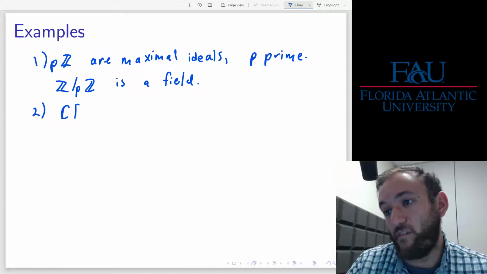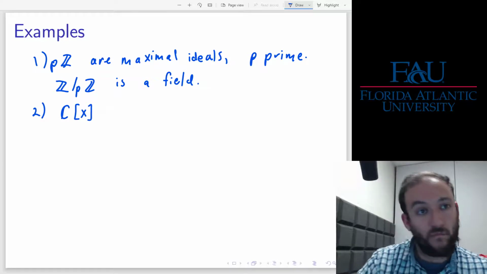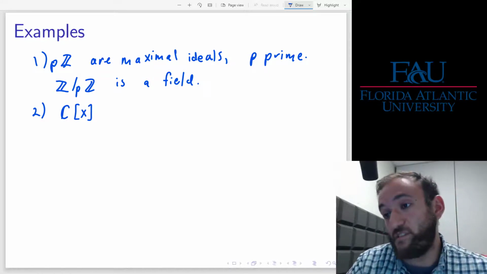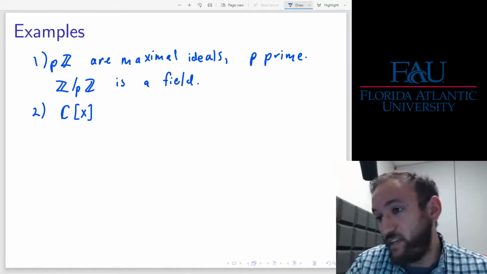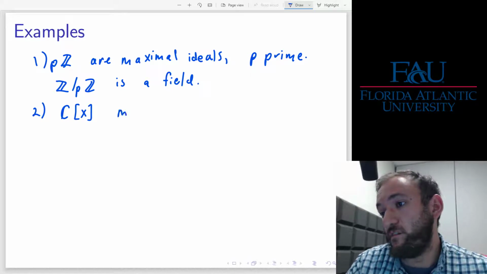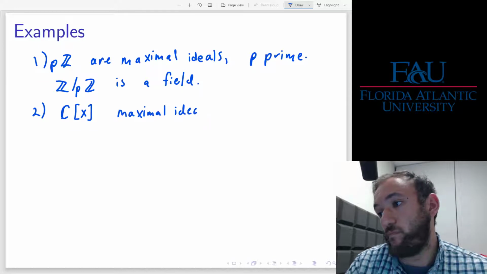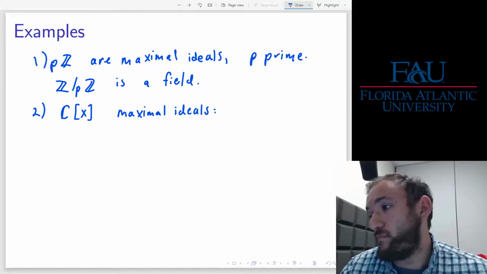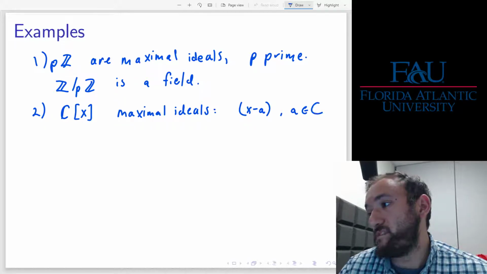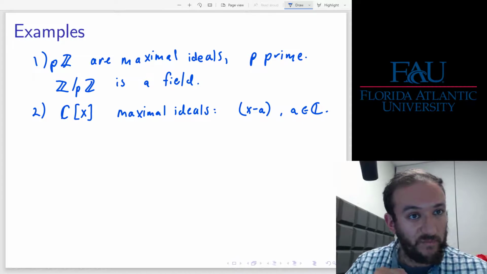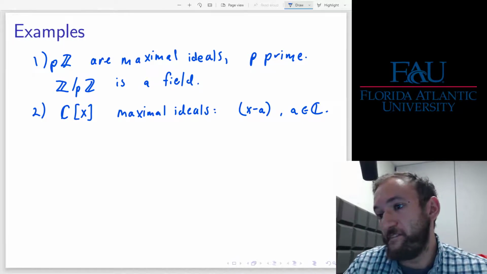So if we think about the polynomial ring C adjoin x with complex coefficients in one variable, all of the maximal ideals look like the ideal generated by x minus a for a some complex number. This is a consequence of the fundamental theorem of algebra. You can convince yourself of that.